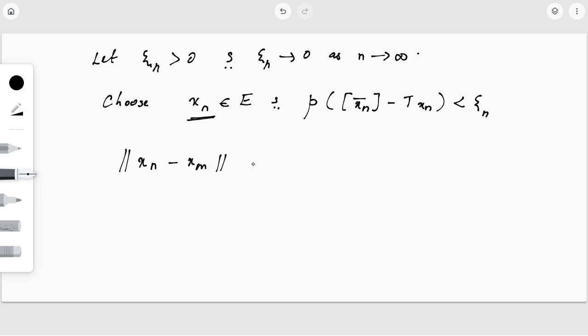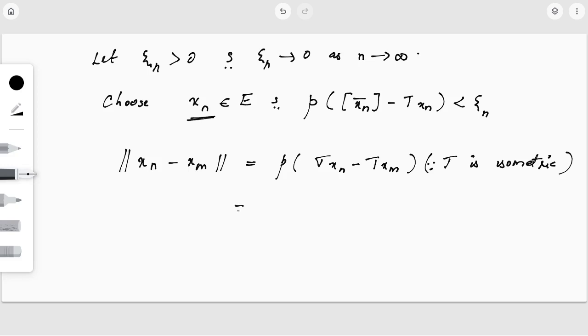Right? Now we can write this as norm xn minus xm is nothing other than P of Txn minus Txm. Why? Because we had shown that T is isometric. Okay. So we have norm of xn minus xm is equal to P of Txn minus Txm.